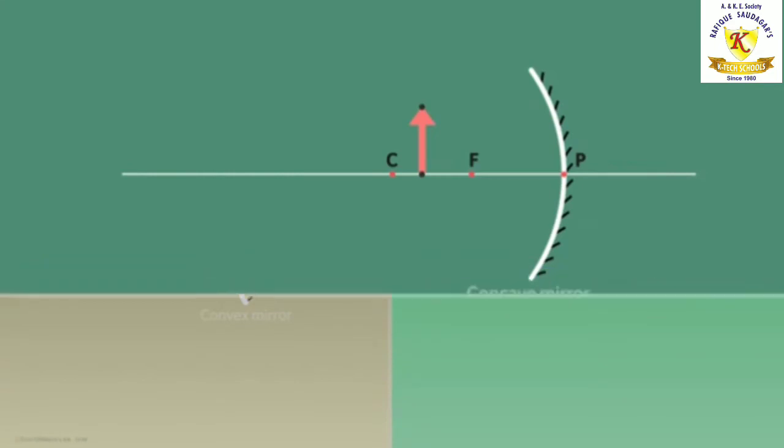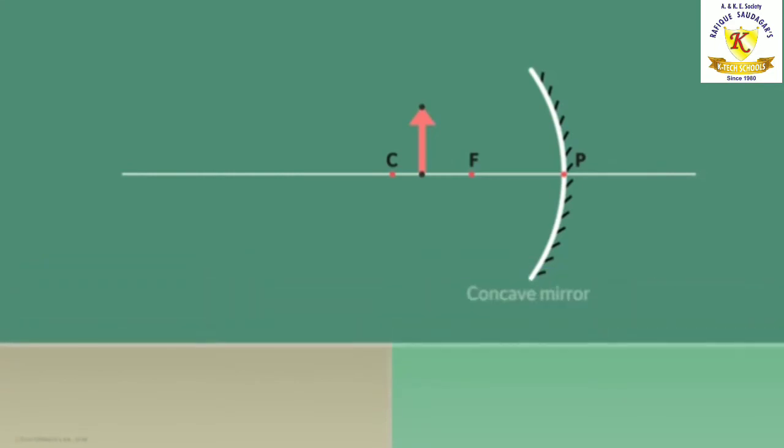Now let's see. If you remember, children, when we were talking about the ray diagrams for the image formed by a concave mirror, we saw that rays which are parallel to the principal axis will always pass through the focal point after reflection, and the rays which pass through the focal point will always travel parallel to the principal axis after reflection.